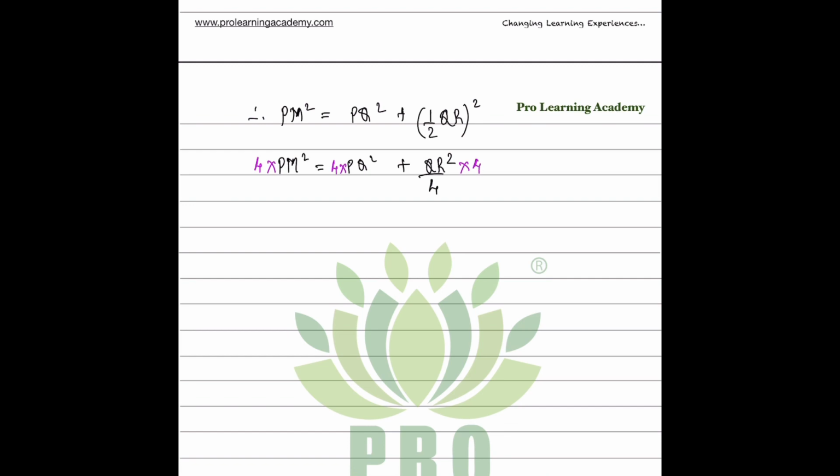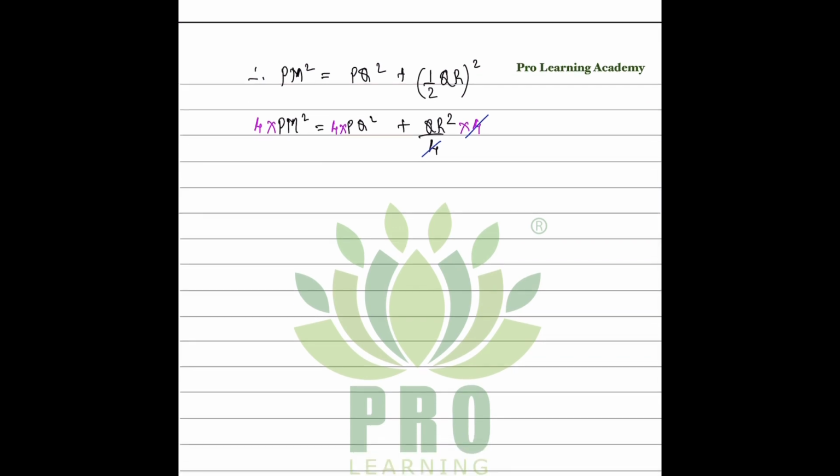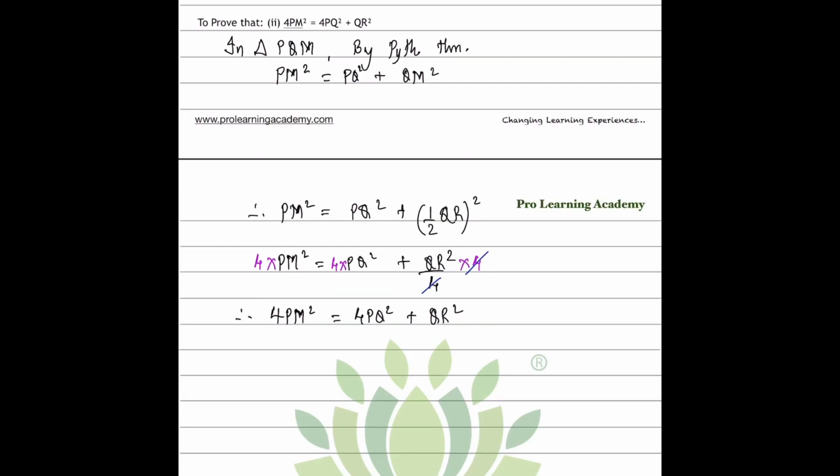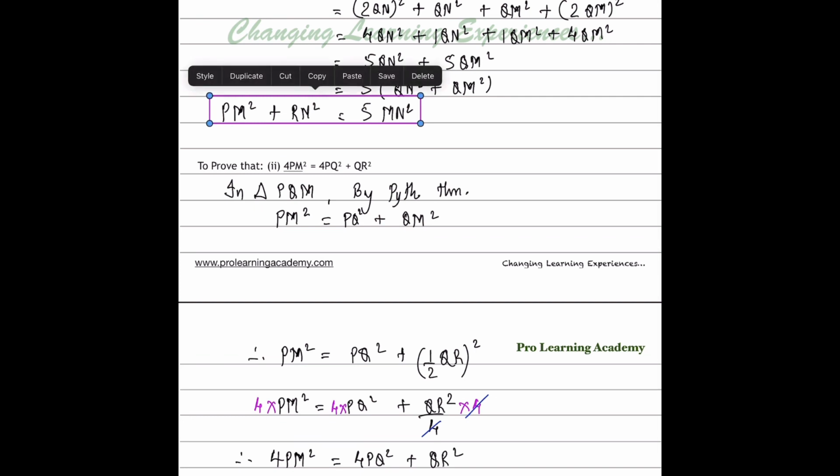So now we have a chance of getting rid of this 4 with this 4. So we get 4 PM square is 4 PQ square plus QR square, the second proof that we have done.